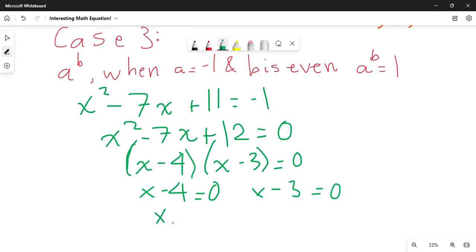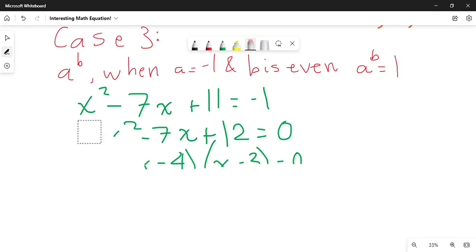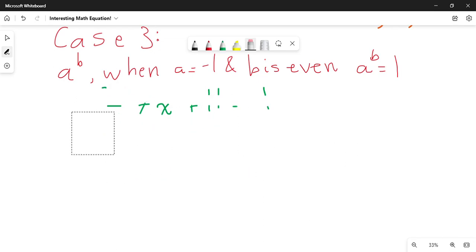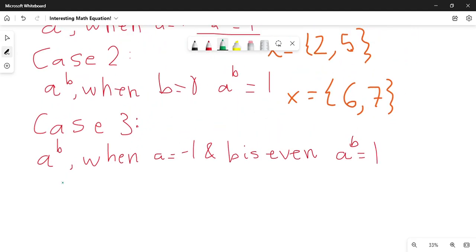Still using the zero product property, you get x equals 4 and x equals 3.